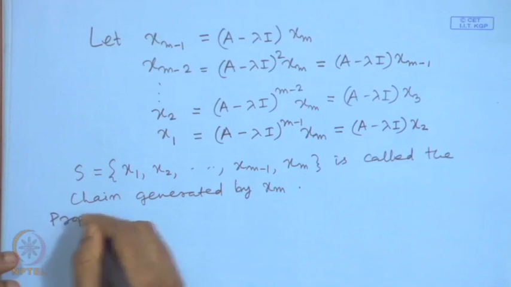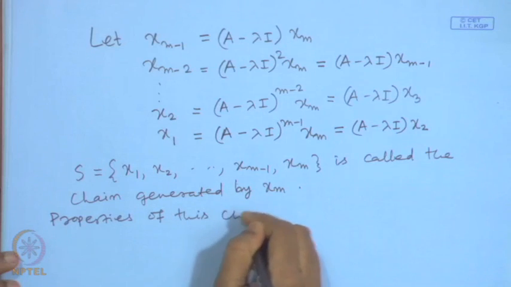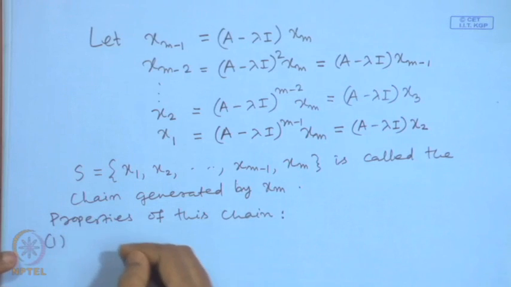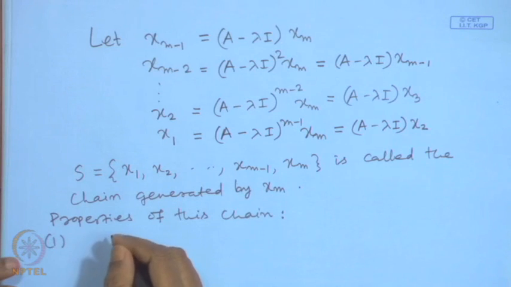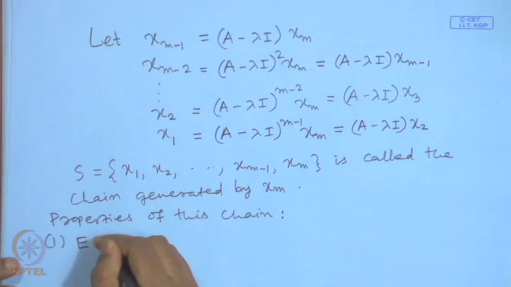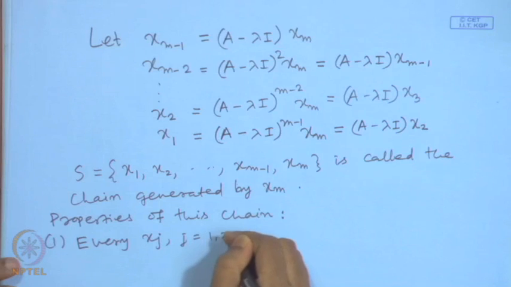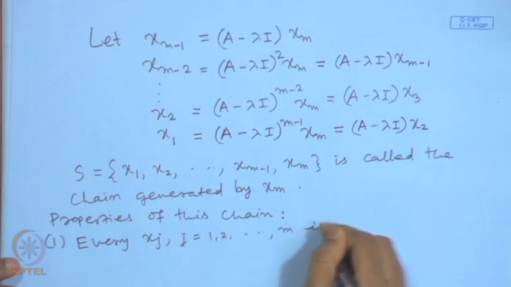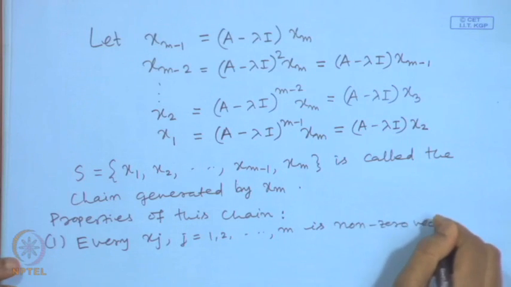The first property is that every x j, j from 1 up to m, is a non-zero vector.